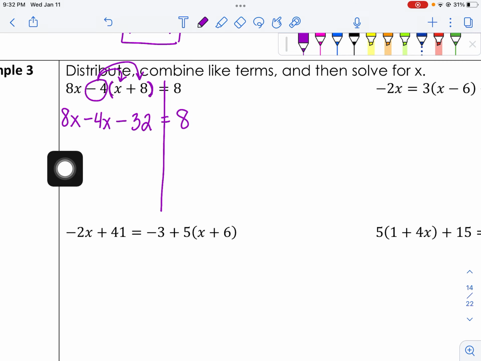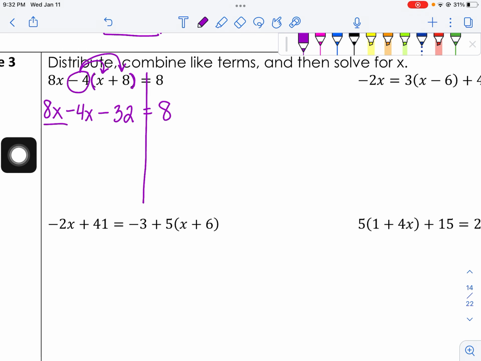Now I notice that I have two x terms on one side of the equal sign, which means you can combine like terms. So 8x minus 4x is 4x. And then you have 4x minus 32 equals 8.